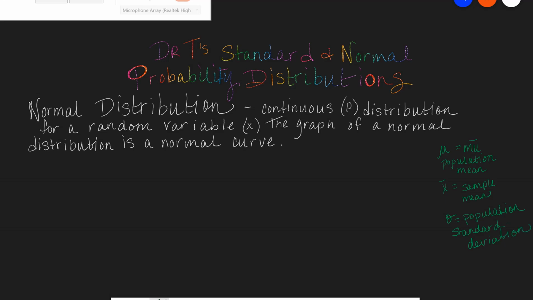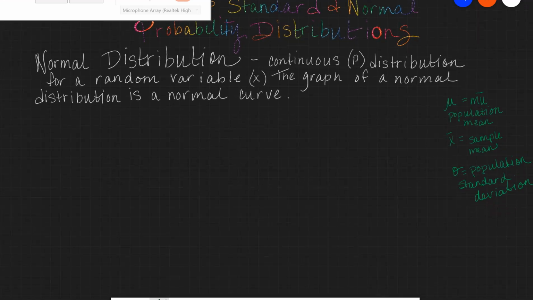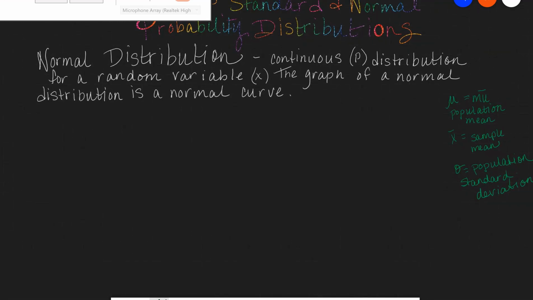All right, so I'm going to draw out a normal probability distribution as I give you the characteristics and the guidelines for a normal probability distribution. I'm going to start out here with just the x-axis. Okay, there's our x-axis.